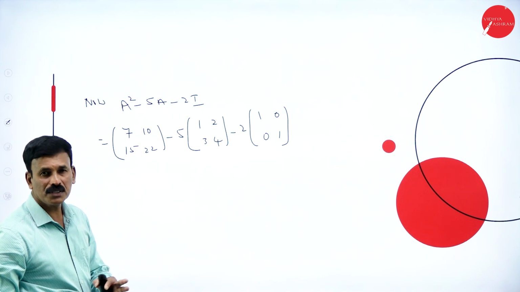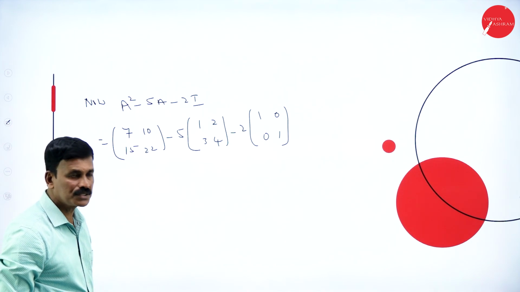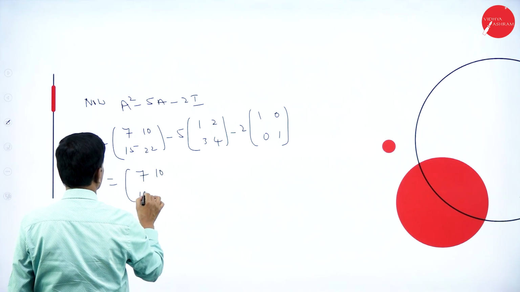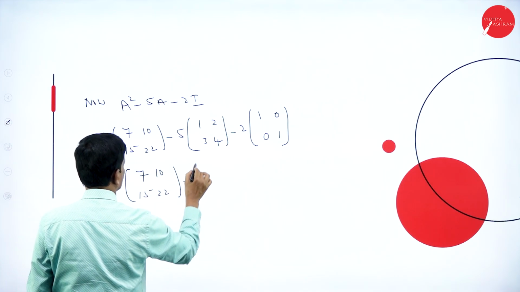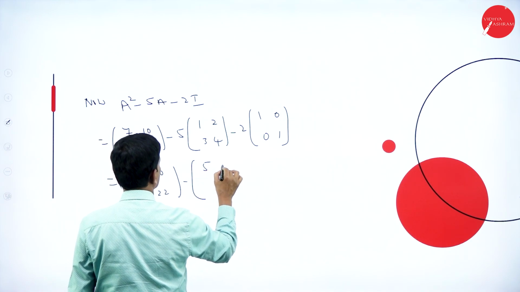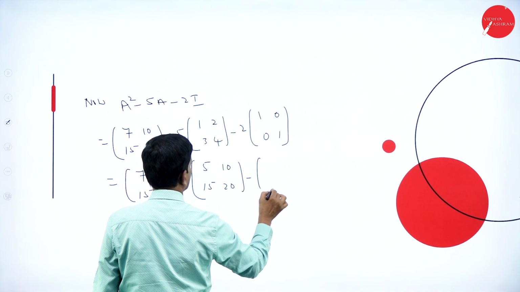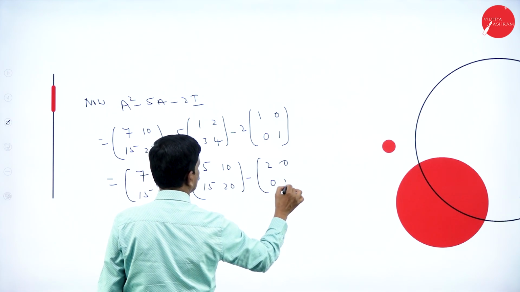So, if you simplify, if you get this as 0, then the given equation is correct. So, that's equal to 7, 10, 15, 22 minus 5 1s are 5, 5 2s are 10, 5 3s are 15, 5 4s are 20 minus 2 1s are 2, 0, 0, 2.